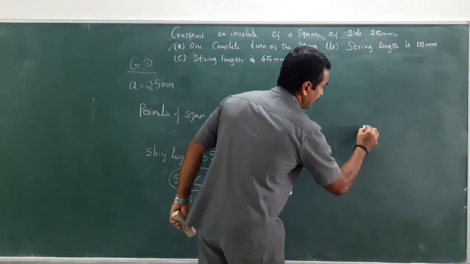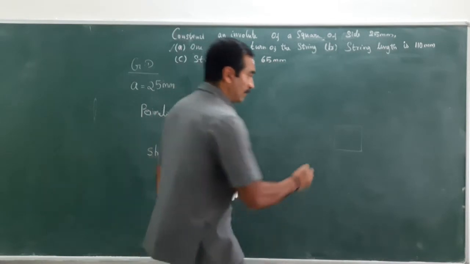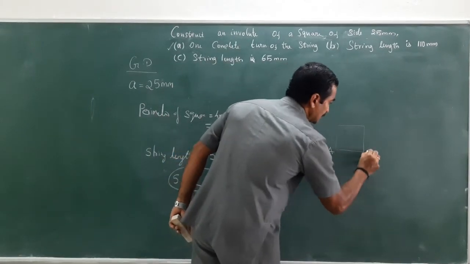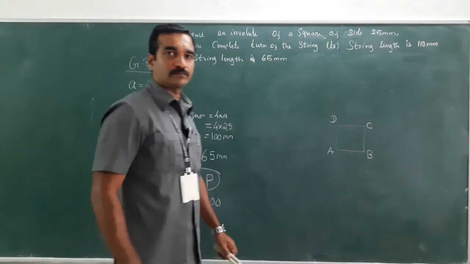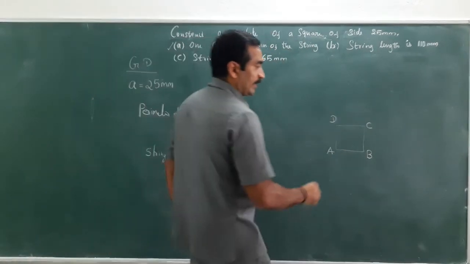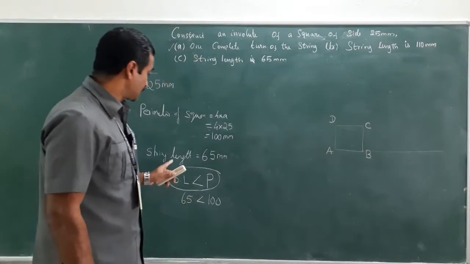Let me draw the square first of size 25 mm, and let me give the naming for this: ABCD. So, extend this line from B to the length of the string length.